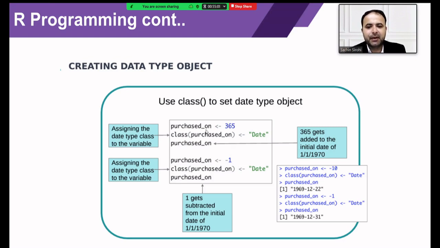It is just a simple variable. When I pass the value -1, you can see the date. It is just a simple thing which I am applying on purchase_date. It just looks like a date.